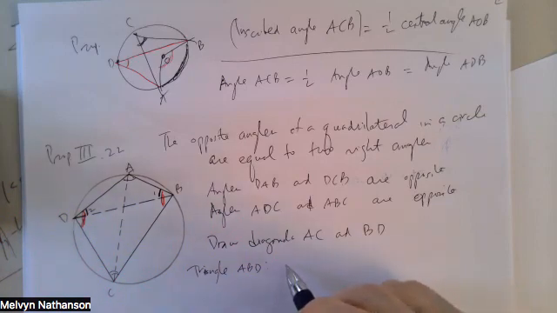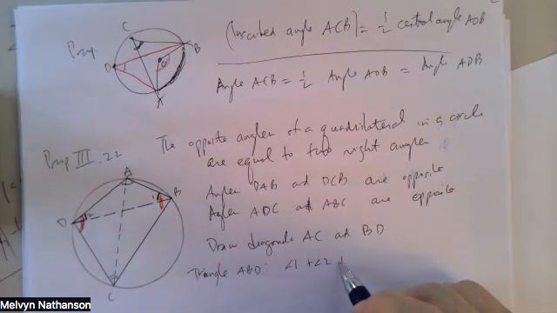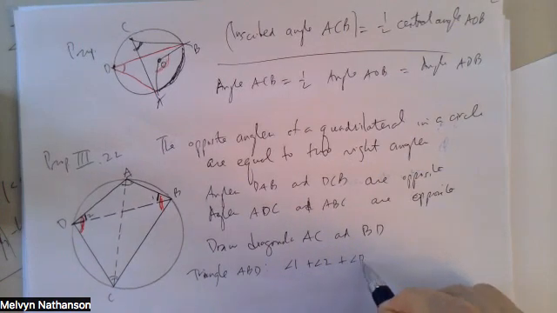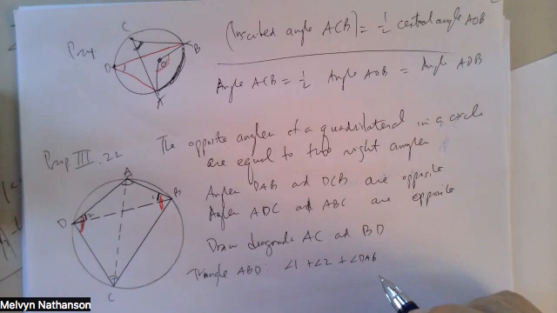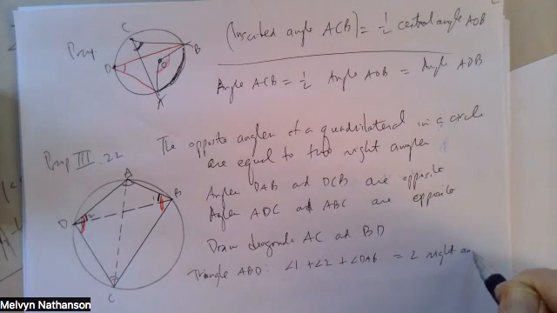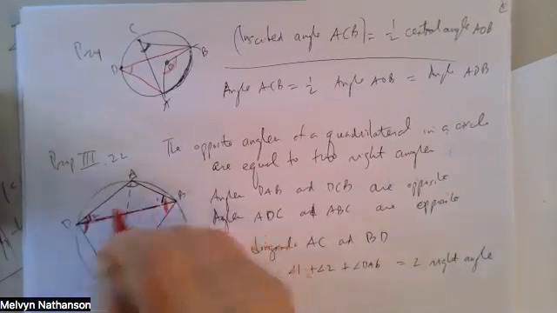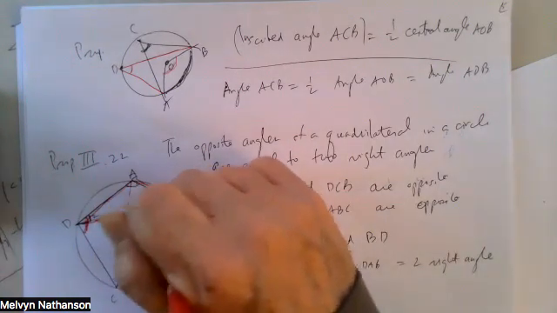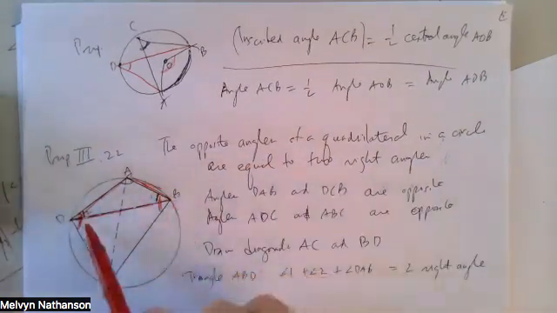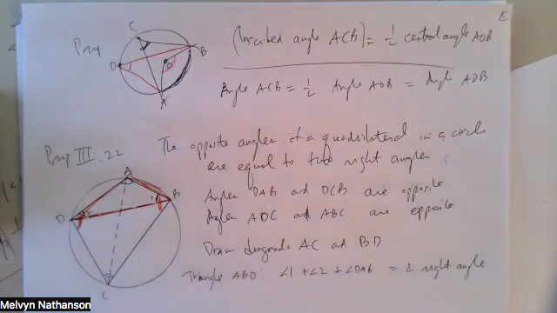So angle 1 plus angle 2 plus angle DAB add up to 2 right angles, because those are the angles in this triangle. In triangle ABD, the angles are 1, 2, and angle DAB.